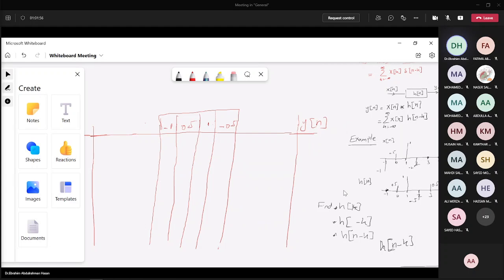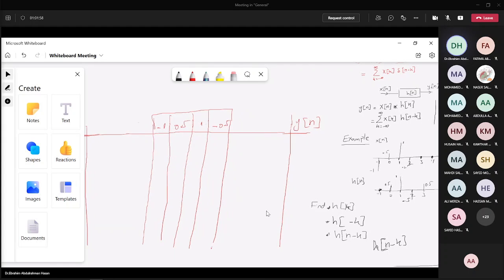Notice the h, we want to flip it. Okay, flip it. Then it means start from here: 0.5. Then 1. Then we have minus 0.5. Okay, then we have 0.5.